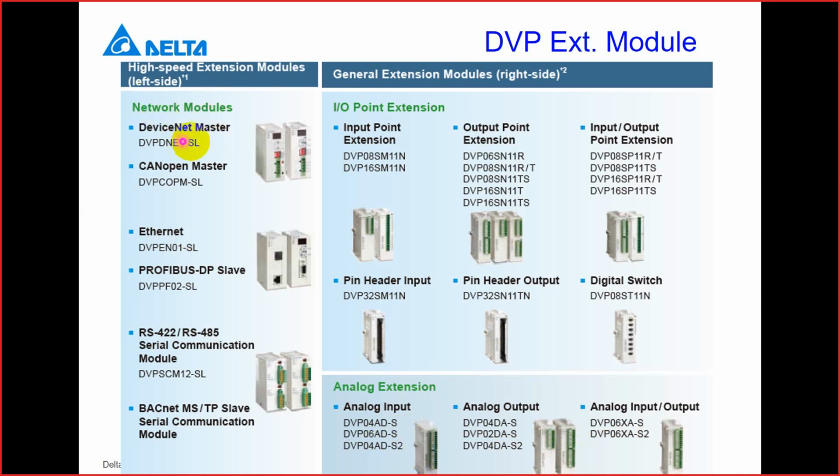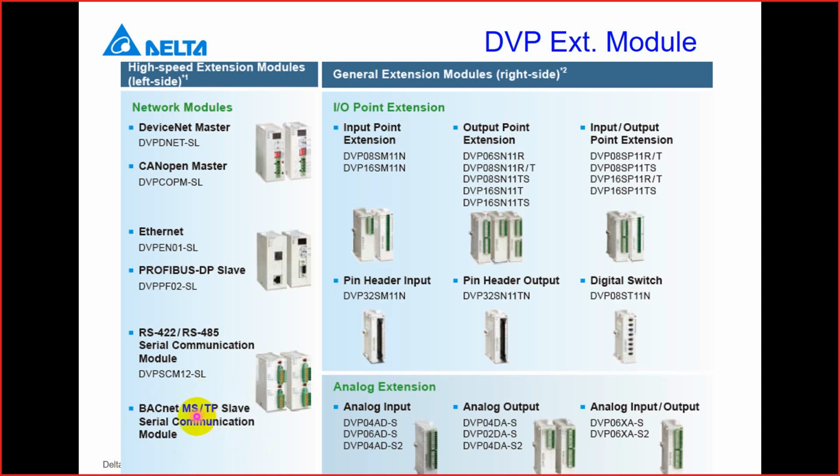And for the high-speed module that we have a device net, open Ethernet, Profibus DP. And this is for the SCM module to add on, for 22, for 85, and also for the backnet MSTP.